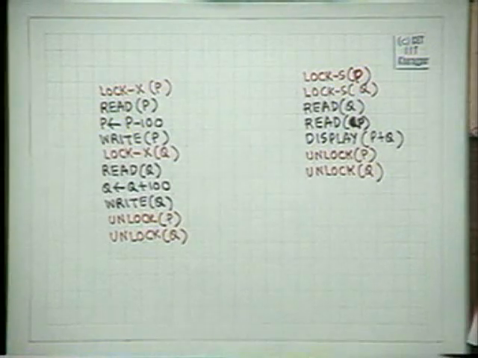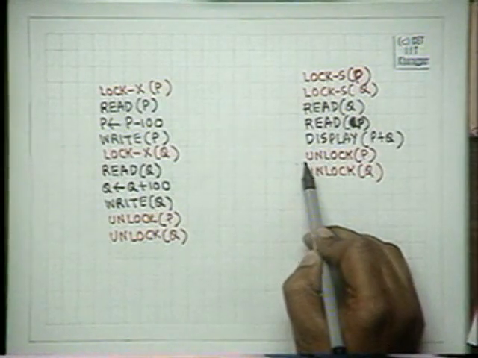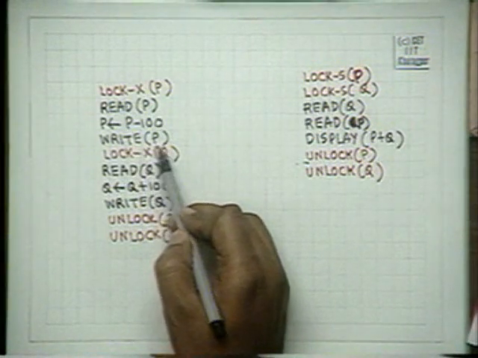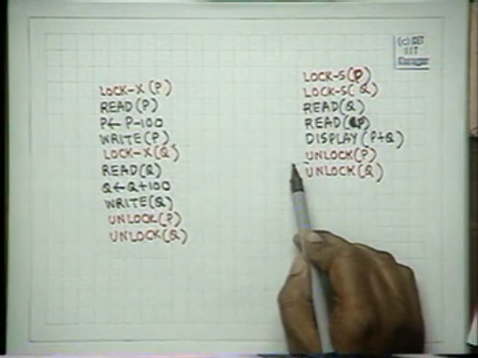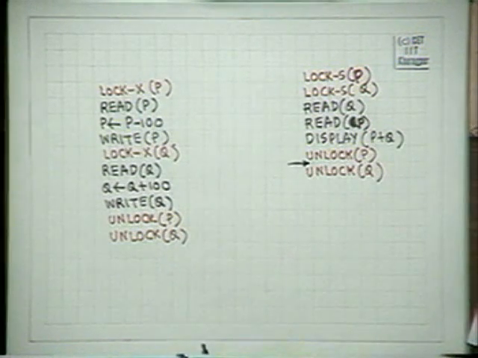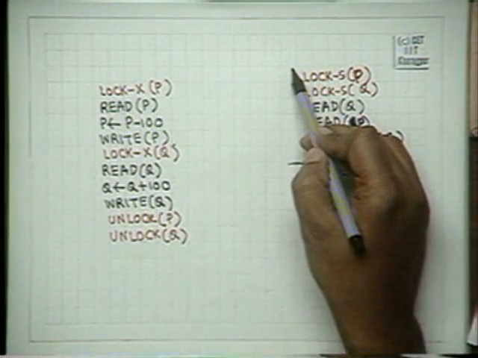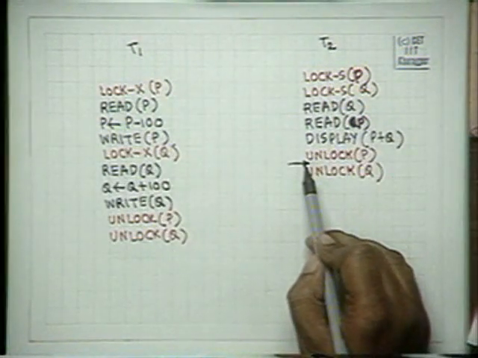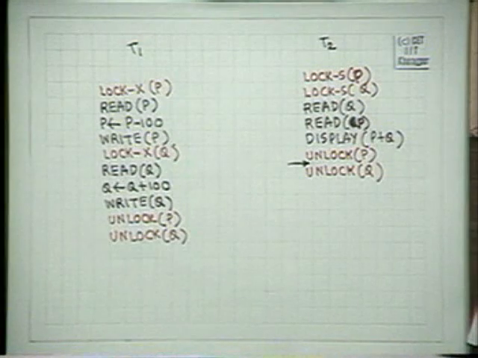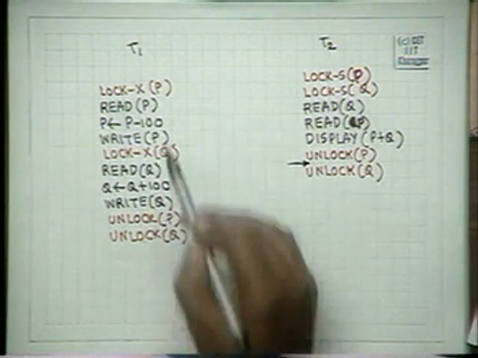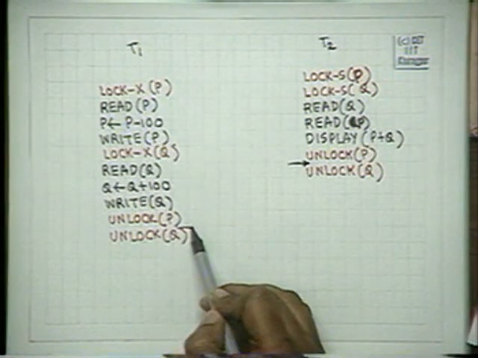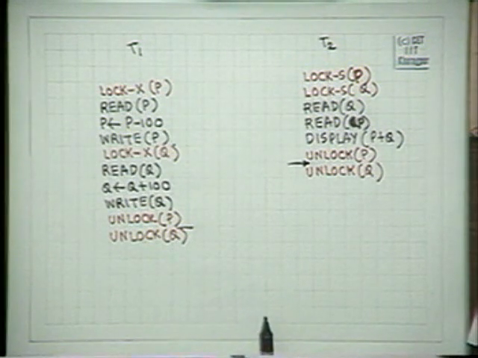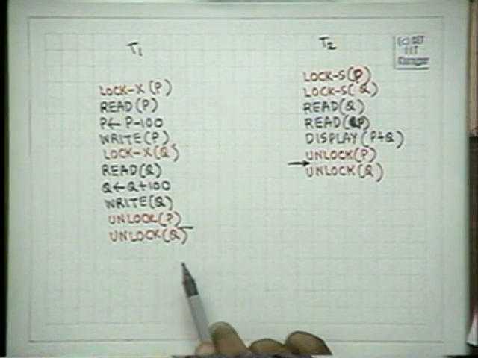Maybe in this particular step, when this has unlocked this one, then this can start up to here. Maybe it can occur in overlap mode only up to here. If T2 starts, then T2 will continue up to here before T1 can start. And if T1 starts first, then T1 will continue up to here till T2 can start. So effectively they are serialized.